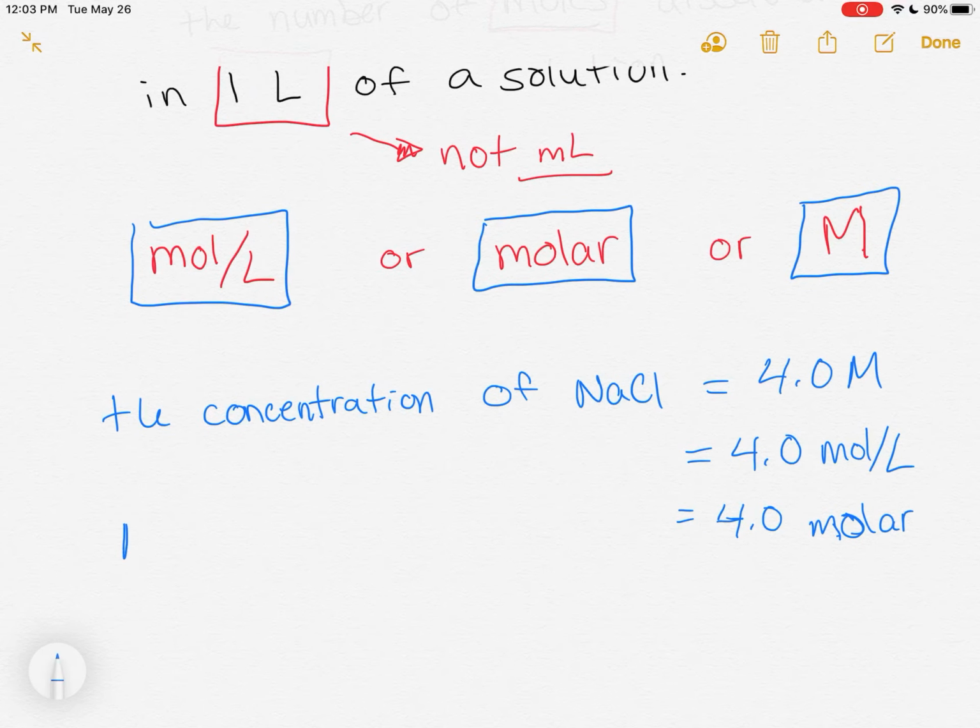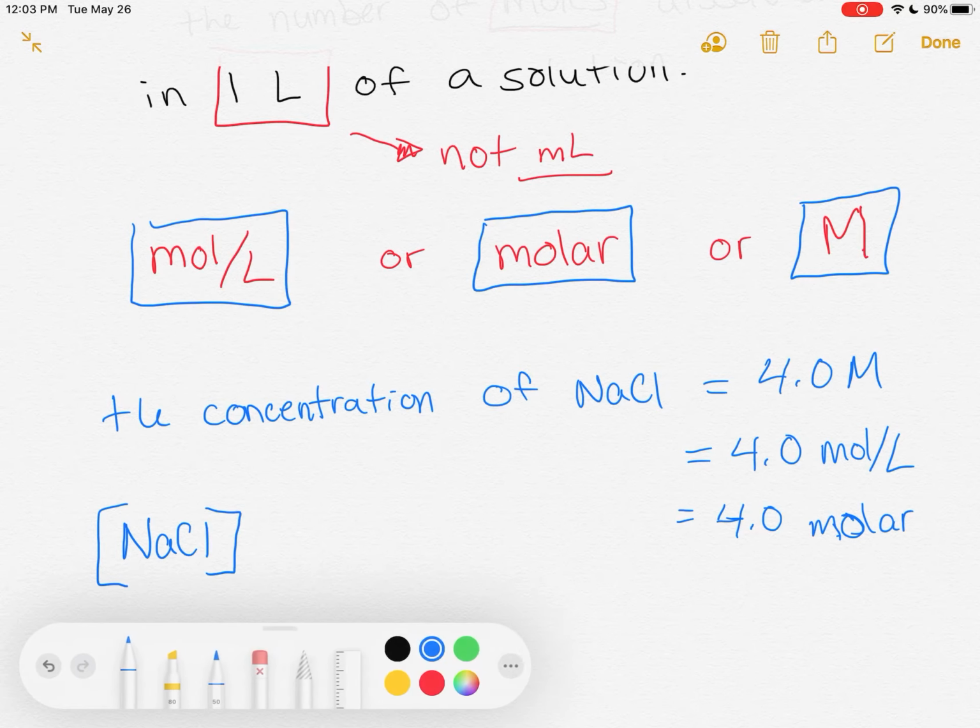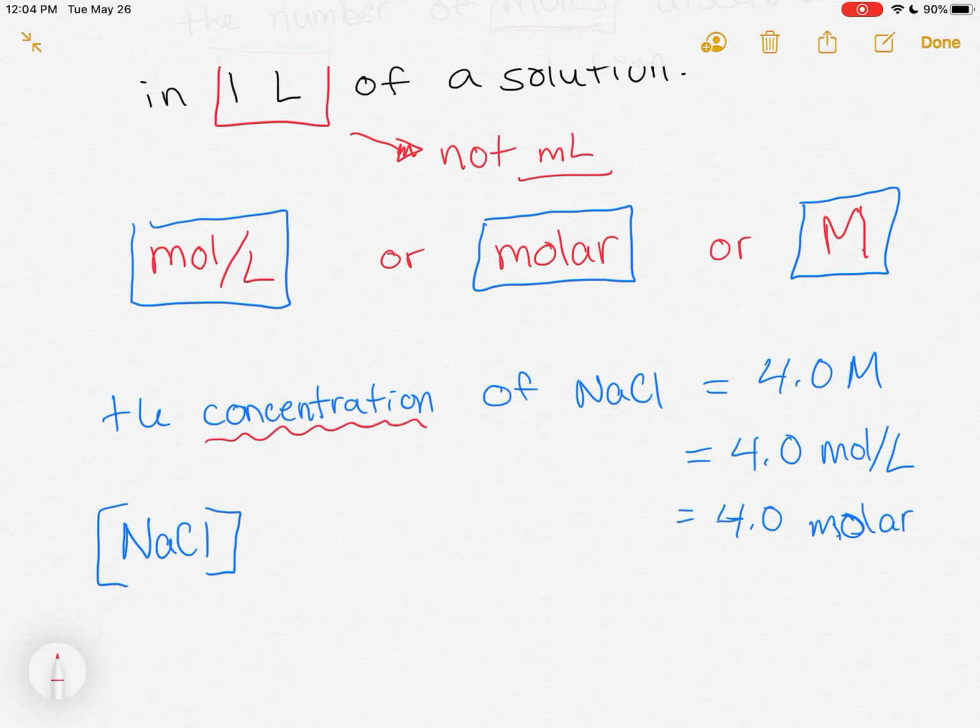We can also use square brackets to represent the word concentration, so NaCl with square brackets around it means the concentration of sodium chloride.